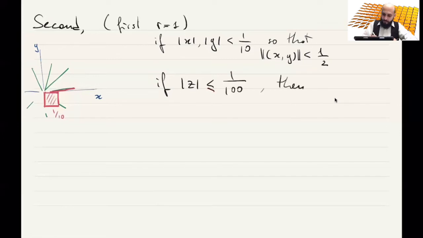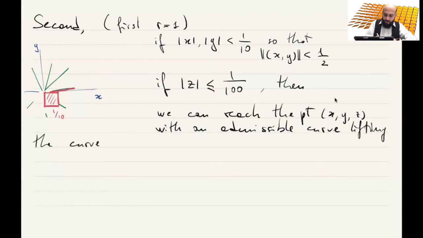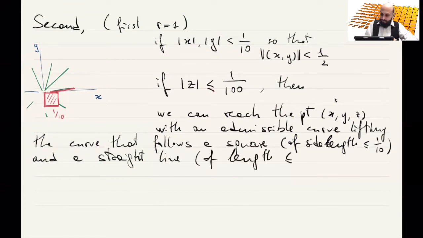then we can reach the point x, y, z with an admissible curve, lifting the curve that follows a square of side length less than 1/10 and a straight line of length less than, again, 1/10.